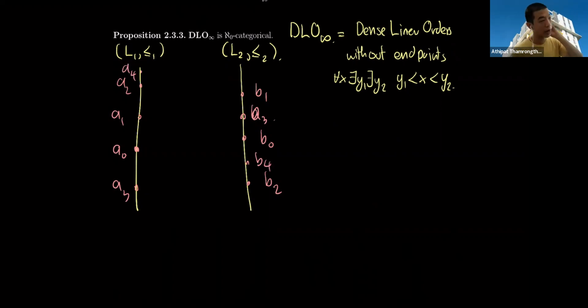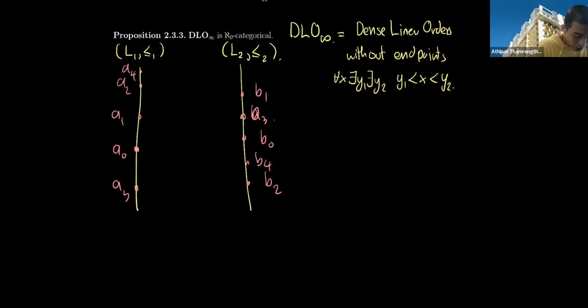So we enumerate the set on the left and the set on the right. And what we're going to do is try to construct an order preserving bijection from one side to the other side. So how can we construct that?